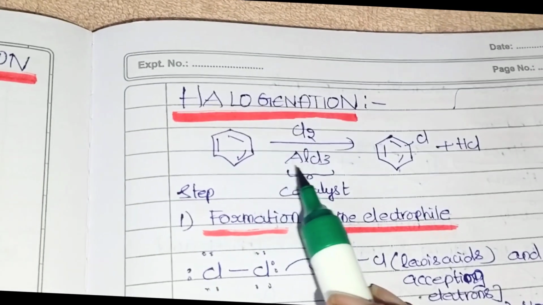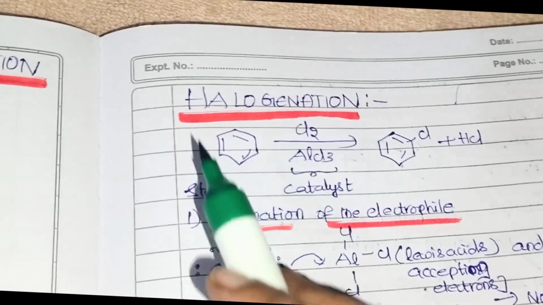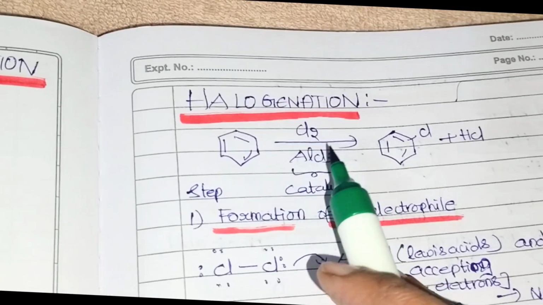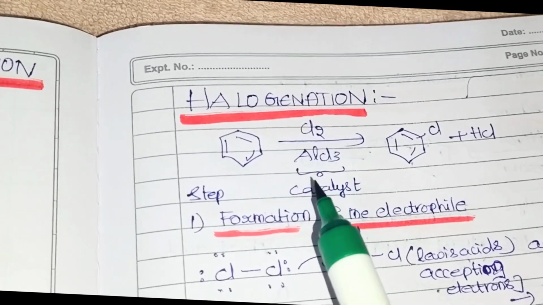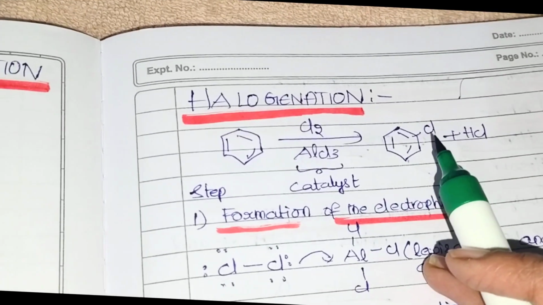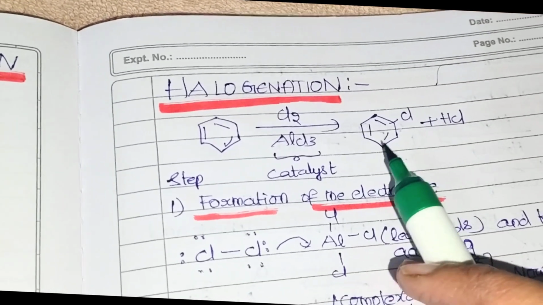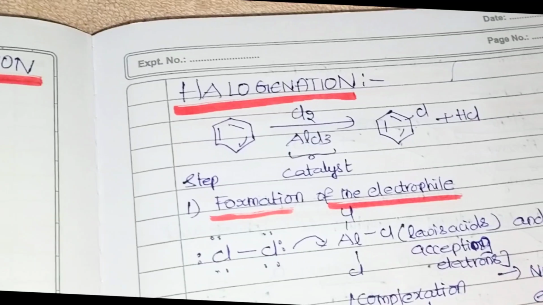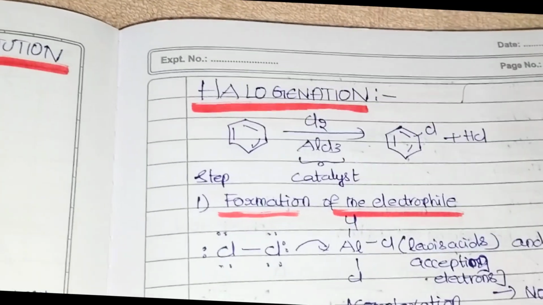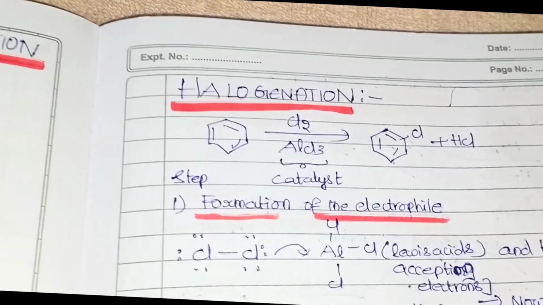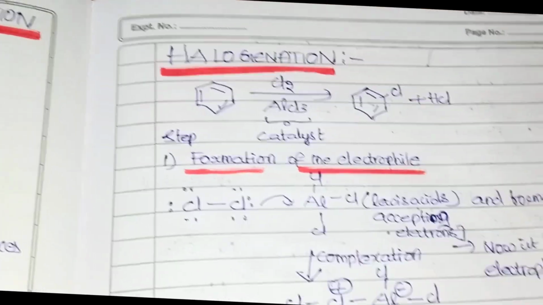So benzene reacting with chlorine in the presence of a catalyst like aluminium chloride gives chlorobenzene, and HCl is removed. This is the product, whose mechanism we will see next.